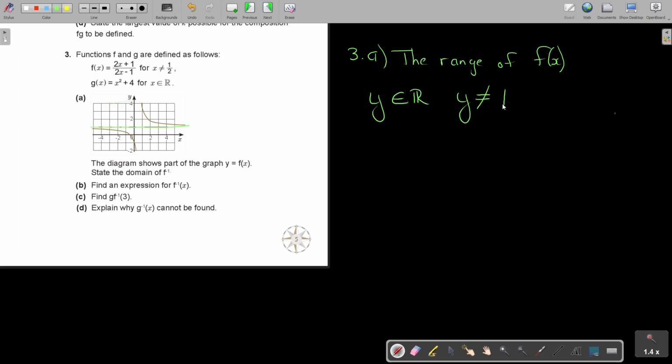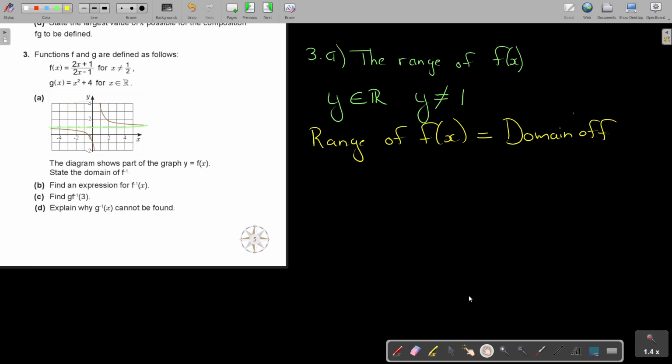Now, don't forget, the range of f(x) is equal to the domain of f^-1, the inverse function.